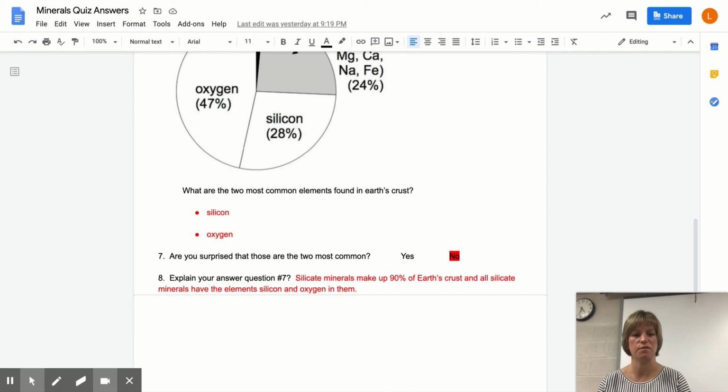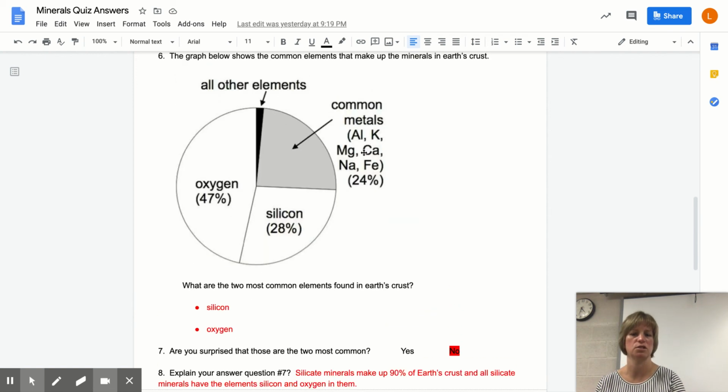Well, the recipe for a silicate mineral, remember when we did the sort, is that silicate minerals have to have the element silicon, which is capital S little i, if you look at a chemical formula, and also oxygen, which is a capital O. So we should not feel shocked that these are the 2 most abundant elements in Earth's crust, because we know that silicate minerals make up 90% of Earth's crust, and those are the 2 elements all silicate minerals have to have.